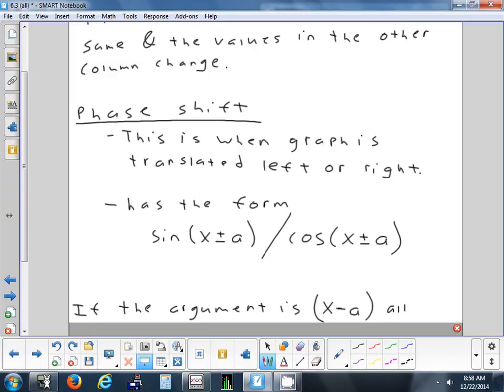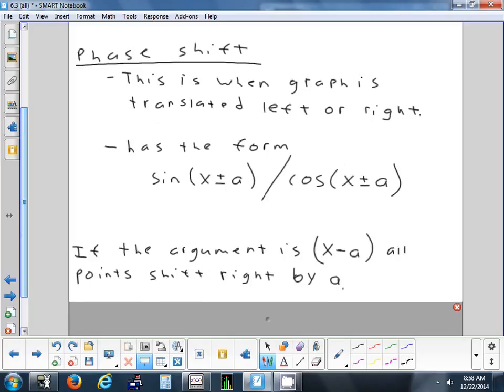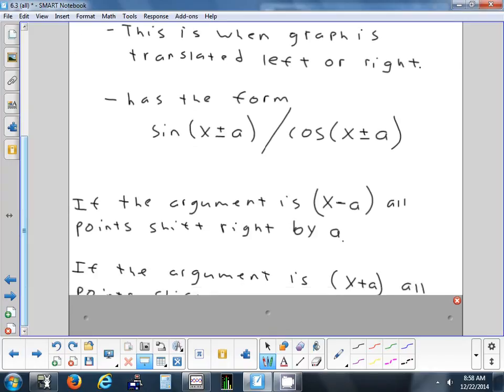Right, so how do you figure out where those 5 points, remember these 5 points, where do they shift to? Well, first of all, if you're doing a phase shift, your y's are going to stay the same. Phase shift is left and right. You're not going to do anything vertical here. So take the original table that I gave you, and copy down your y values.